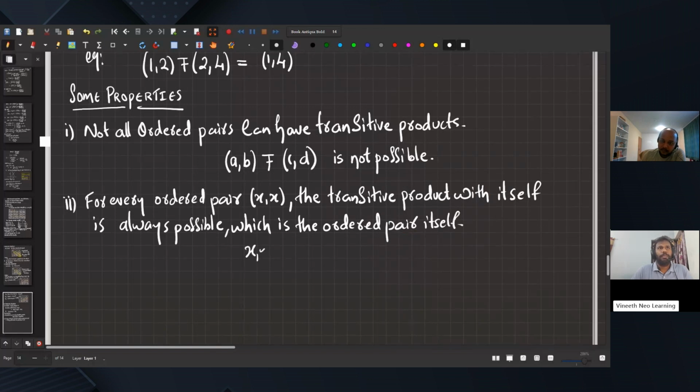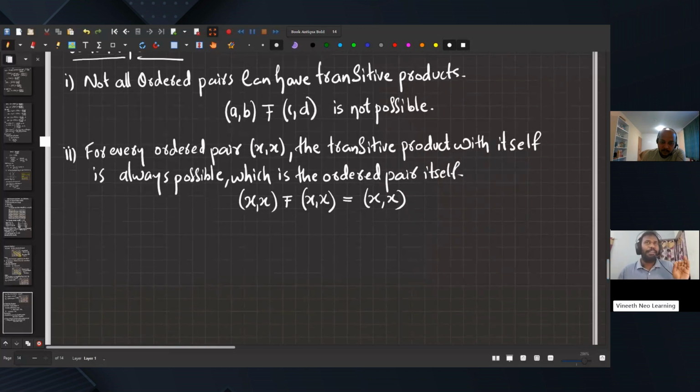That is, (x, x) multiplied with (x, x) will be (x, x). Does this resemble anything? Any algebraic thing? Identity. Yes. We will see more of that later. Okay, let's continue.